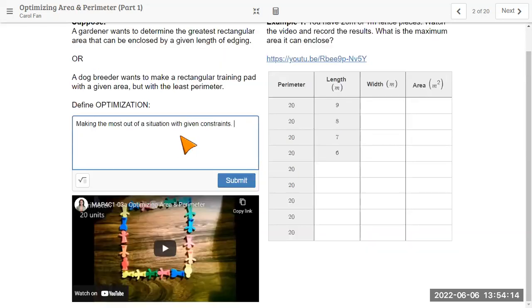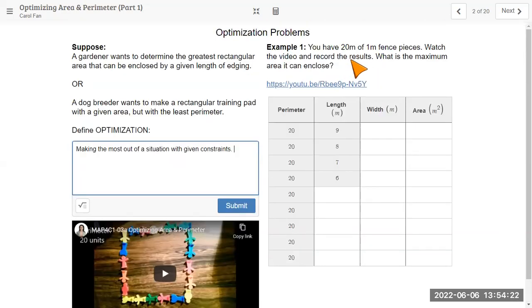Okay, so let's take a look at this video. In this video, we're going to have 20 meters of 1 meter fence pieces. We're going to watch the video and track down the length, width, and the area.